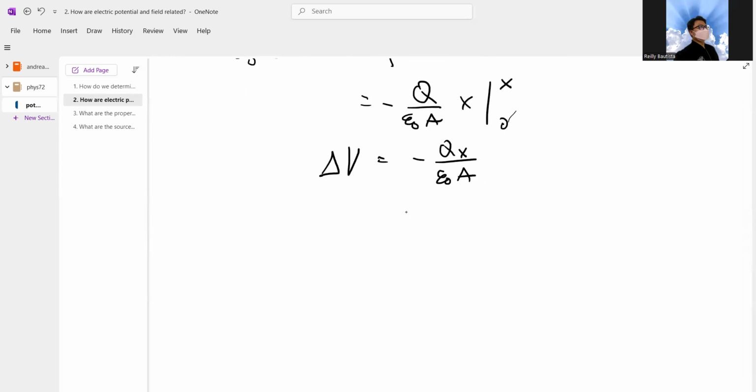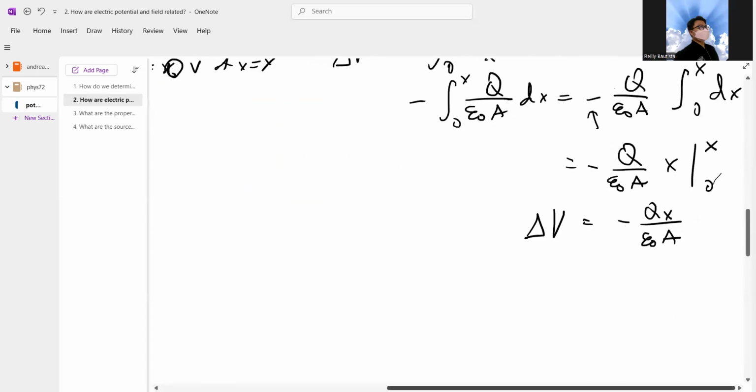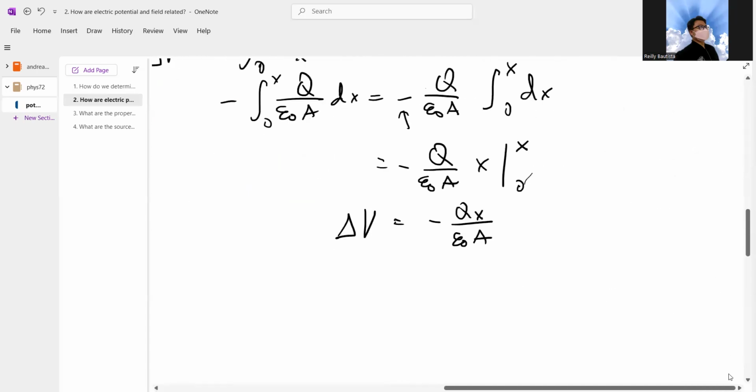We'll have to impose a condition for the negative axis here: 0 volts. This is a delta V here.